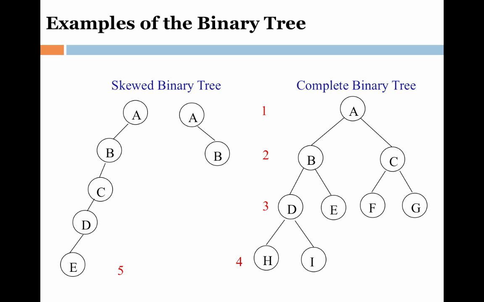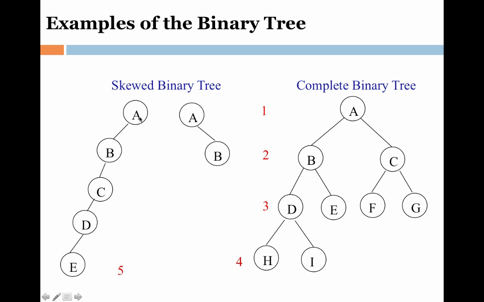Let us look at some examples of a binary tree. The best way to understand the distinction between different concepts is to look at a few examples. Let us look at a skewed binary tree. Right? It is called a skewed binary tree because if you notice, for every node here, one of the children is missing.